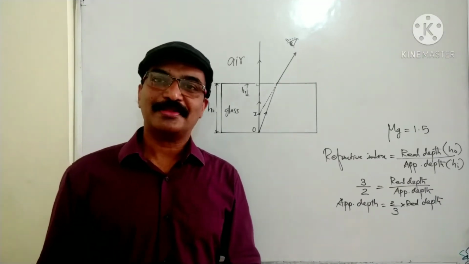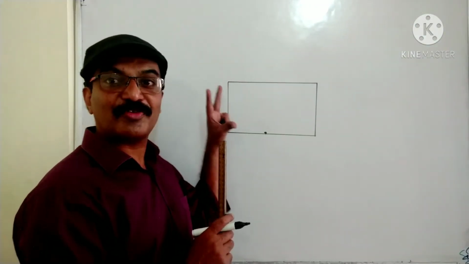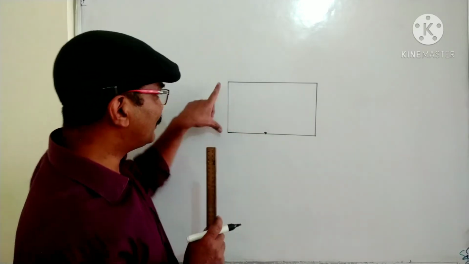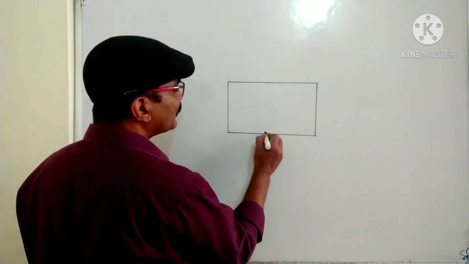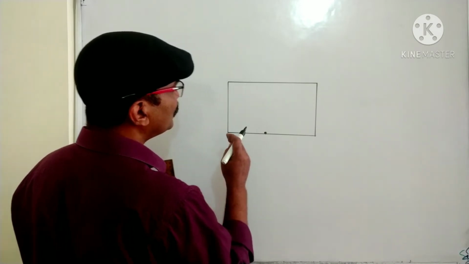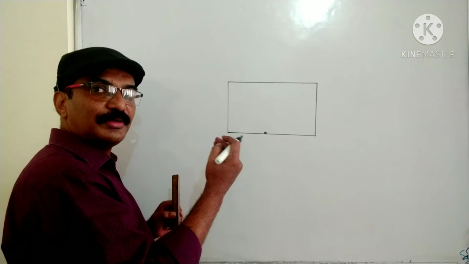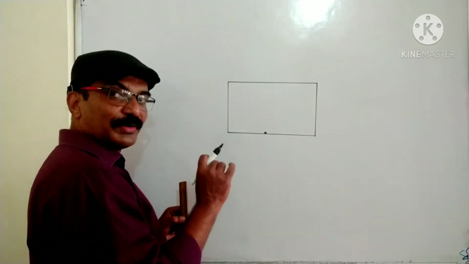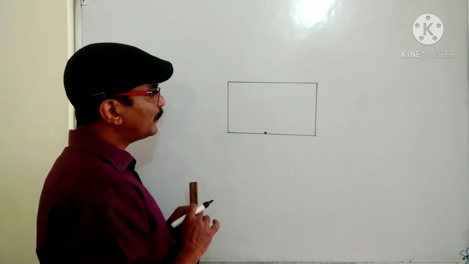Let us go for another diagram. This represents the thickness of glass slab, and this is the real depth. Okay. An object is here. We have to draw the diagram to show the position of image formed, or we have to show the apparent rise of the object. Okay.